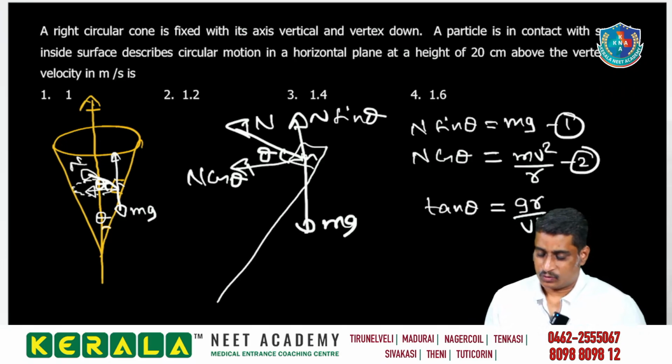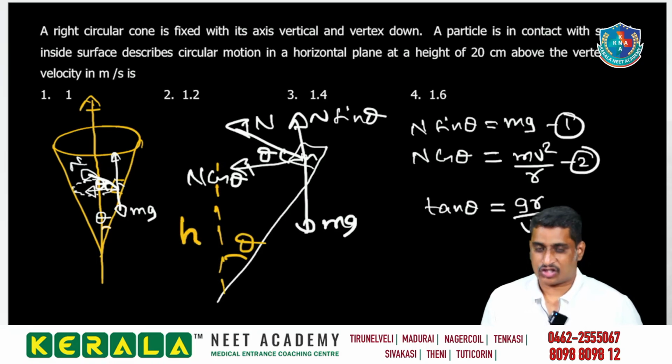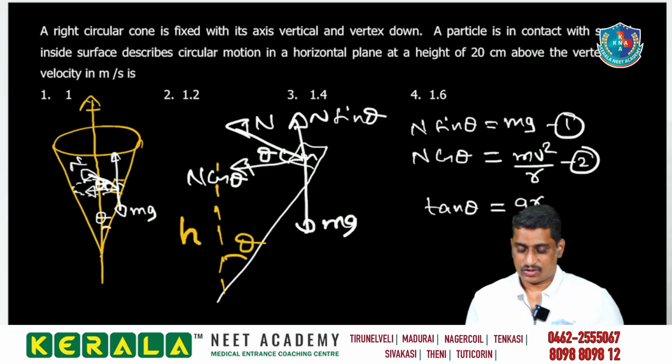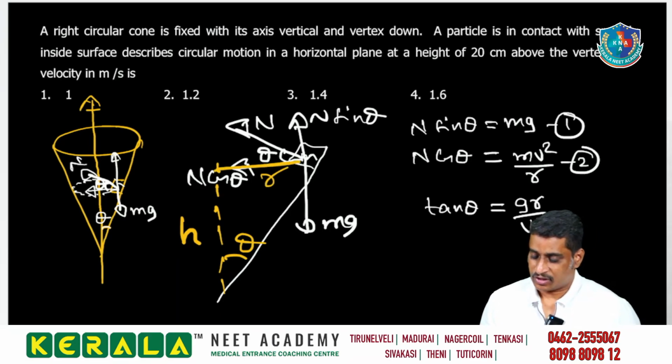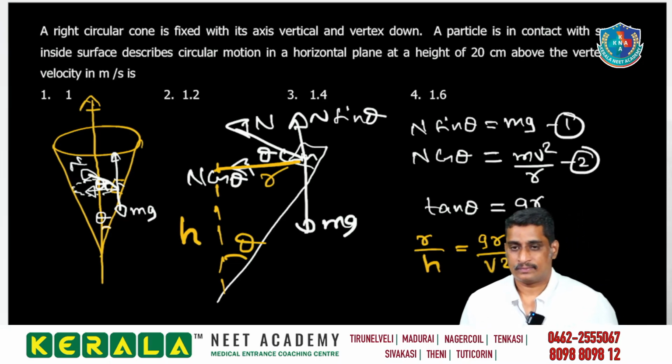From the diagram we can make out that theta, tan theta we can find out. This is the given height h. This is theta. This is r, the radius. Therefore, tan theta will be equal to r by h from the diagram, equals gr by v square.